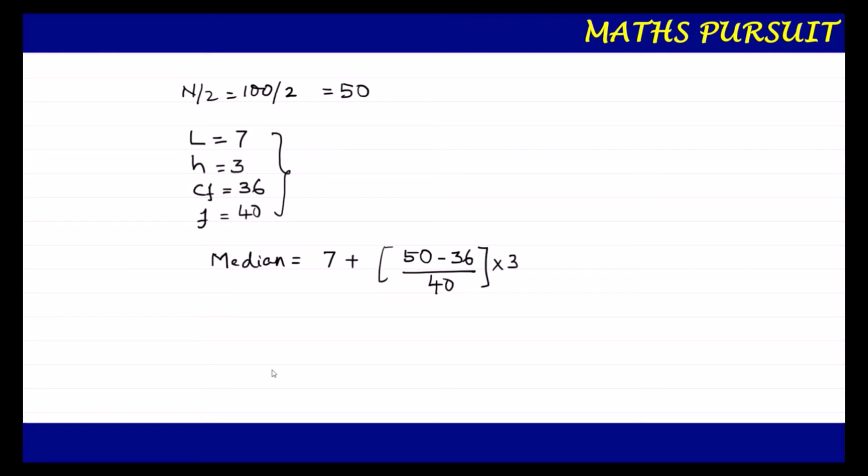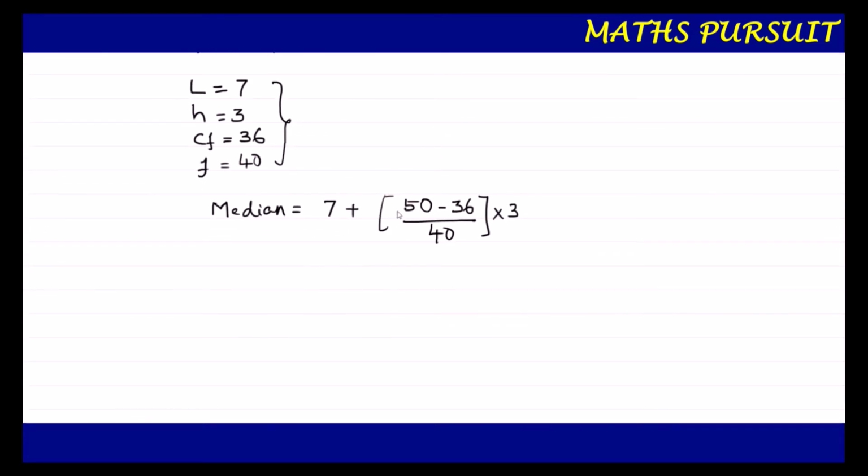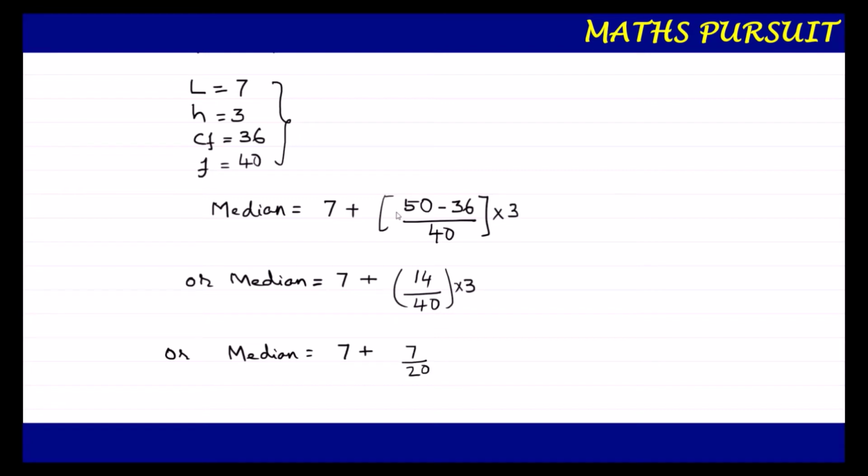Now we can quickly solve this equation and find our median. Median is equal to 7 plus 50 minus 36, 50 minus 36 is 14, upon 40 into 3. Or median is equal to 7 plus 14 upon 40 is 7 upon 20, into 3.